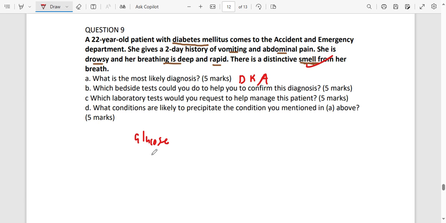At the end, you form pyruvate, and then the pyruvate can be converted into acetyl CoA, and acetyl CoA can go into the citric acid cycle. Specifically, in the citric acid cycle, acetyl CoA is supposed to combine with oxaloacetate, and then they are going to form citrate.